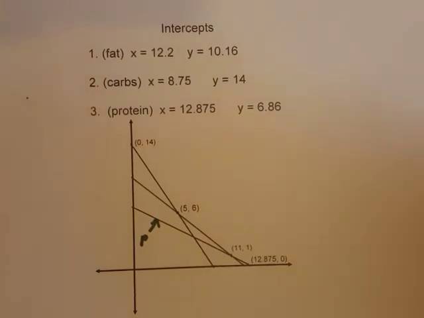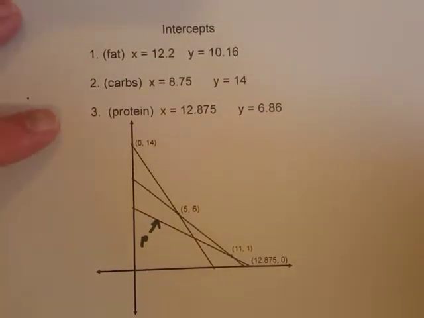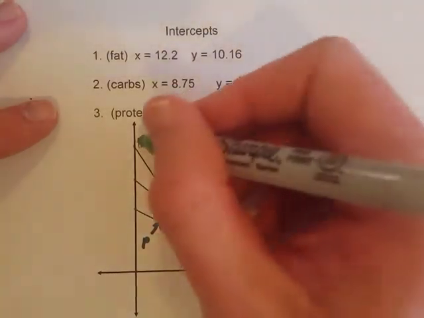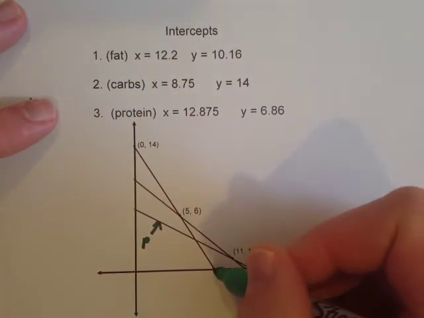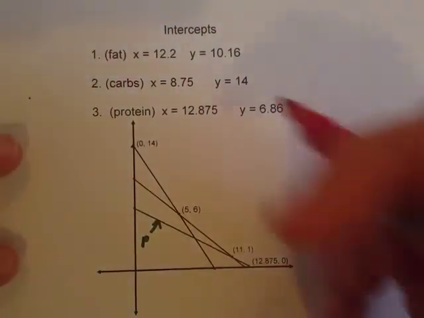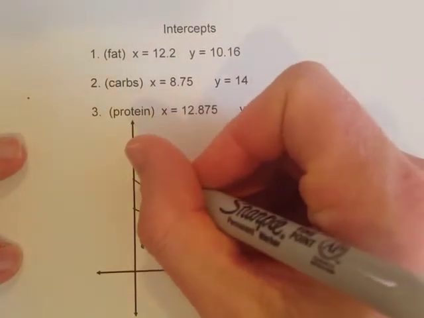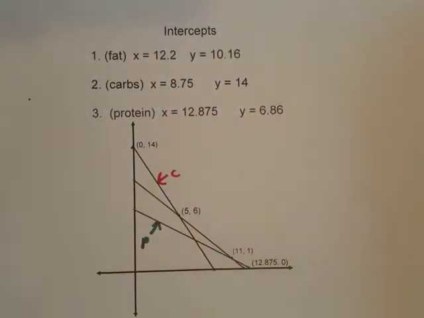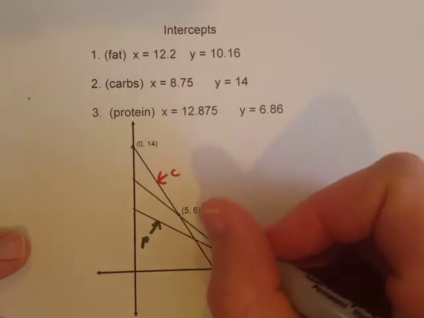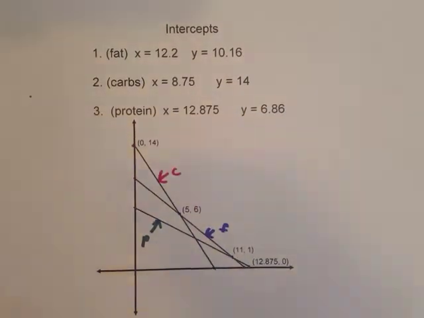Probably easier to see when you're looking at the PDF notes because they are color coordinated. This one right here with the 14 and the 875, this one is going to be carbs. And then our last one is going to be fat. So all three of these lines are present, and they give us a boundary for what we're looking at here.